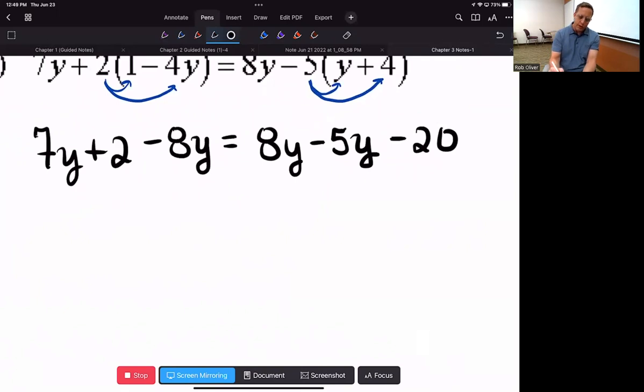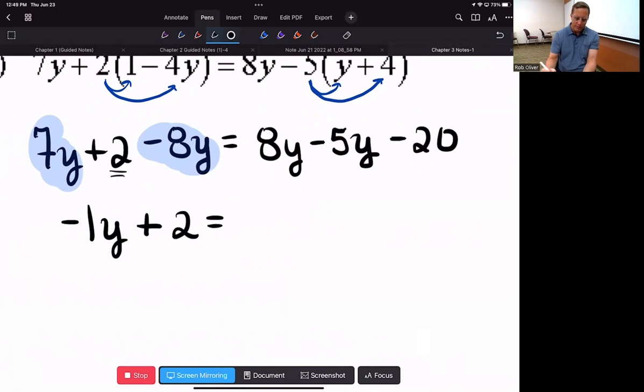On the left side of the equation, we have some y's that we can put together. So the y's on that side make -1y, or just -y if you want to write it that way. Even if it's negative, if it's just 1, I like to put the 1 there. Plus 2, nothing happened to that 2 right there as of right now.